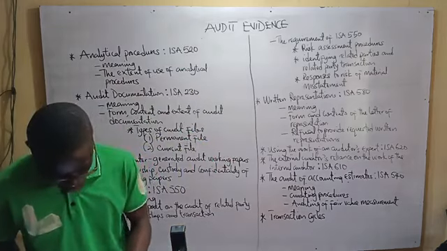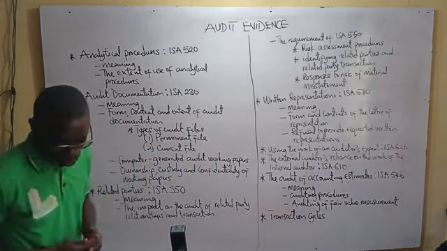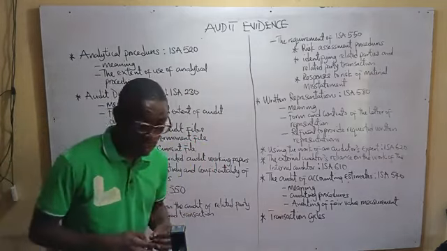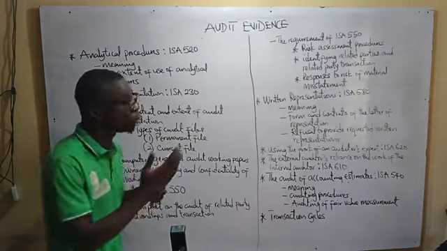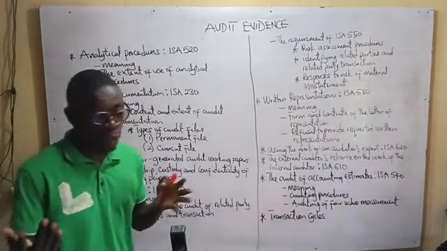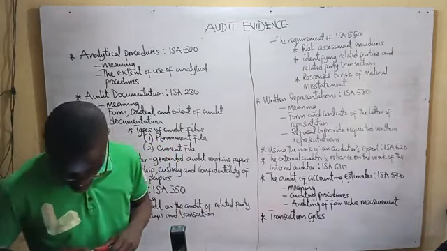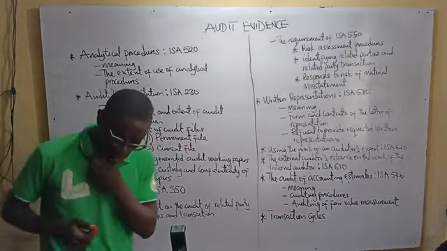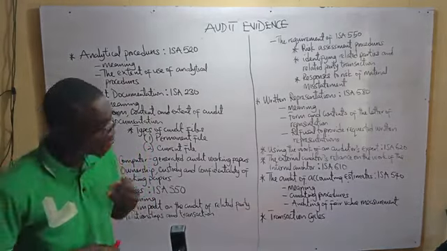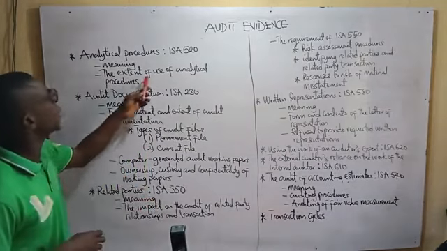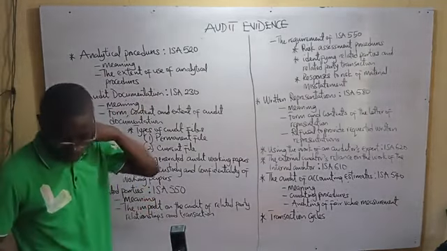Now let's go to the nature. So we have looked at the meaning of audit, the meaning of analytical procedure, and examples of analytical procedures. So now let's look at the extent of use of analytical procedure.